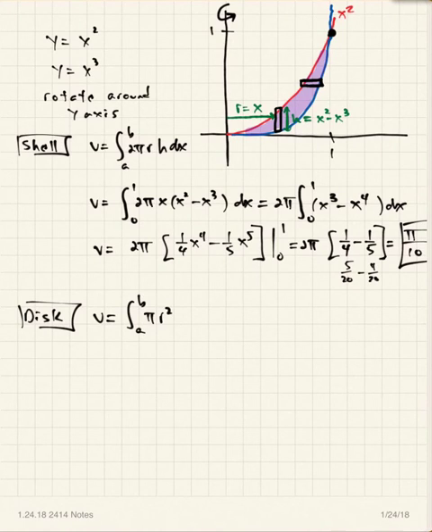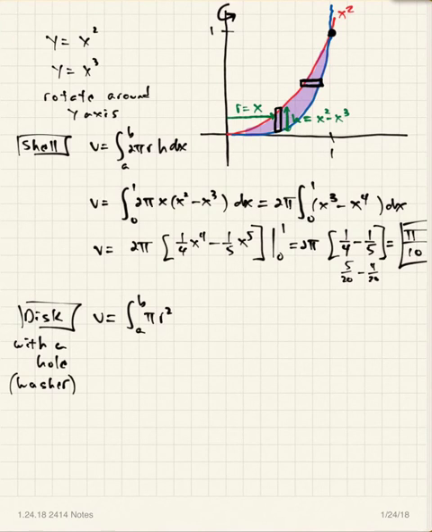And we'd be rotating around the y-axis. And so notice when we rotate around the y-axis, this rectangle does not even go to the y-axis. And so this would be a disk with a hole in it, right? This is a washer method problem.